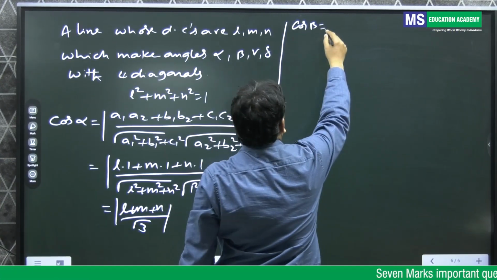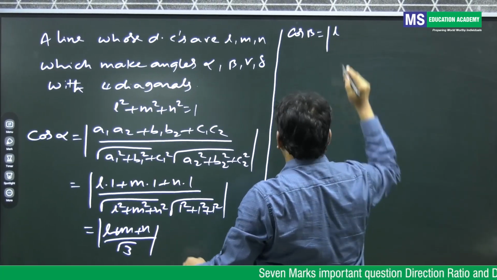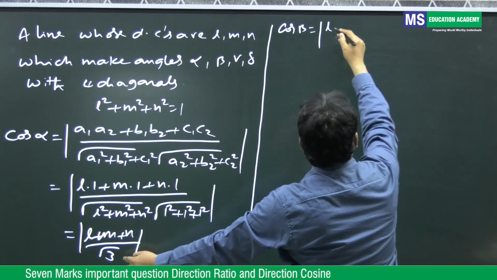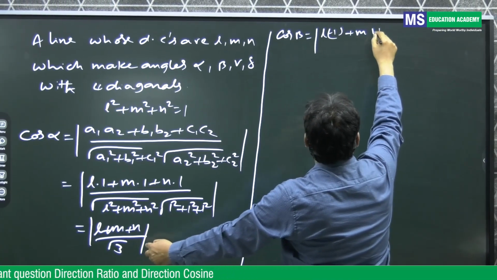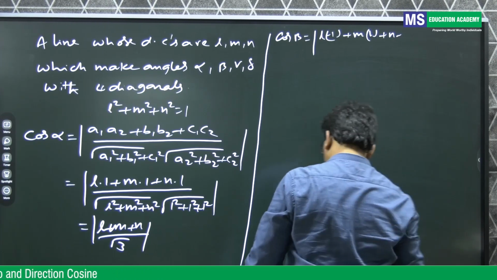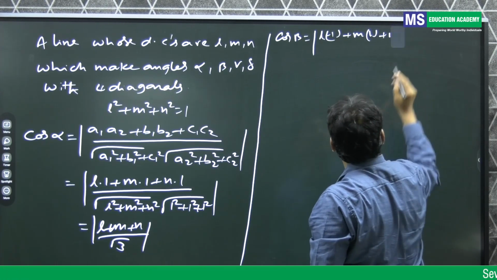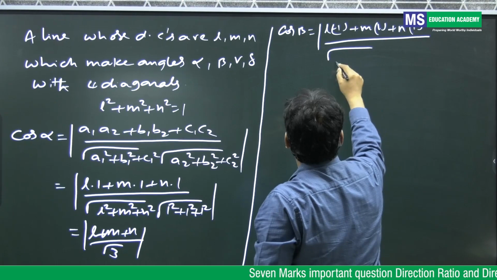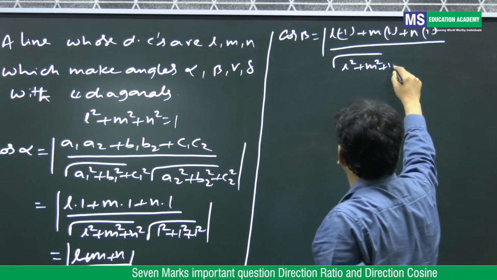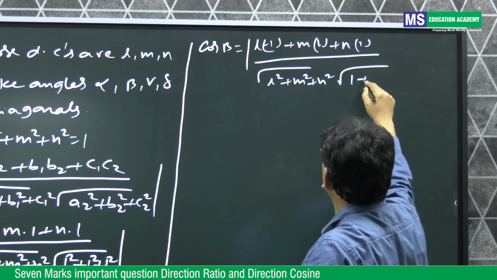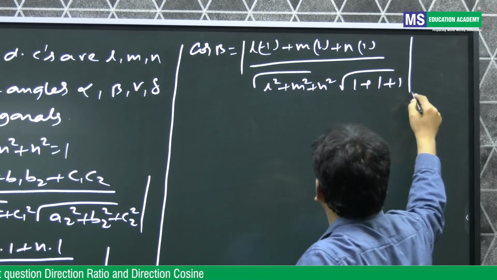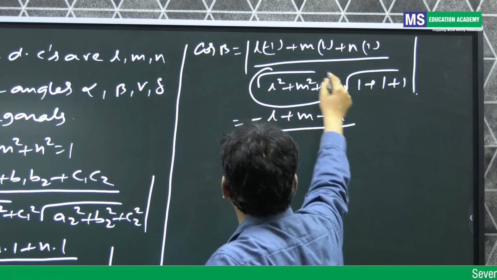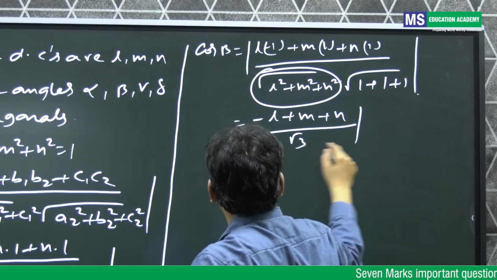According to those, if you apply the formula, the value becomes L into minus 1, M into 1 plus N into 1, by root of L square plus M square plus N square, and minus 1 whole square, 1 square, 1 square. Simplify: minus L plus M plus N. This value becomes 1. That's why the remaining is root 3.